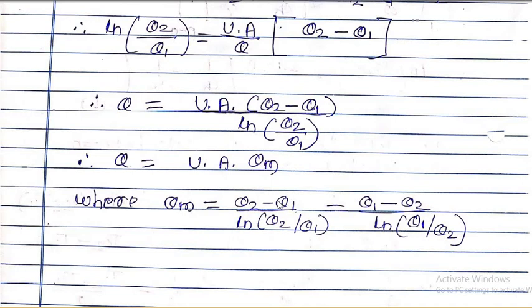Whereas in case of a counter flow heat exchanger, theta 1 is nothing but TH1 minus TC2 and theta 2 is nothing but TH2 minus TC1. Remember this point.